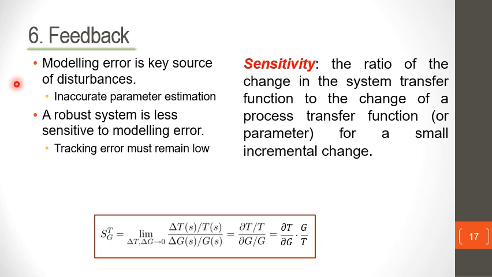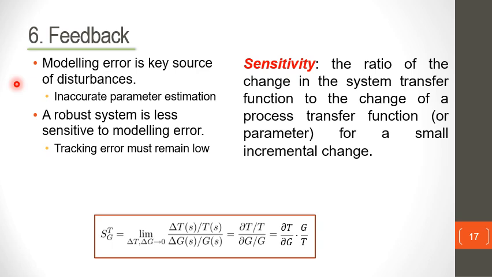A system is said to be robust when it has little sensitivity towards the modeling error. Feedback helps with doing that. We also hope to maintain the tracking error as low as possible, in spite of any modeling errors that may have occurred while we were modeling our system.